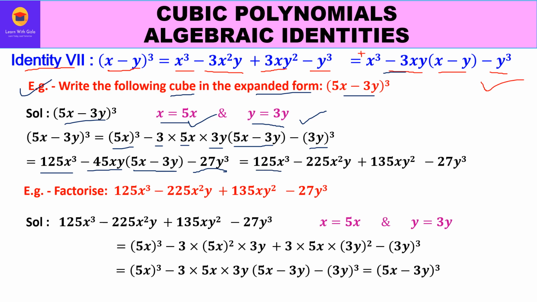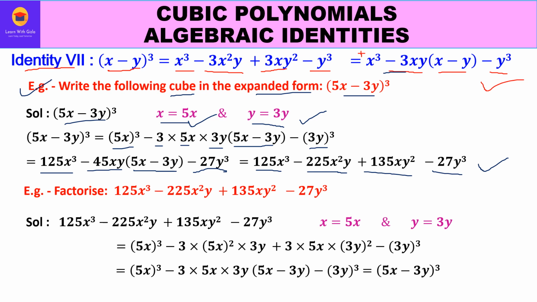So 125x cube minus 225x square y plus 135xy square minus 27y cube. It is same product as we got in identity 6, but the only difference is the signs: plus, minus, plus, minus. Only the signs have changed, rest all the terms are same. Right, now this is the product we have got.